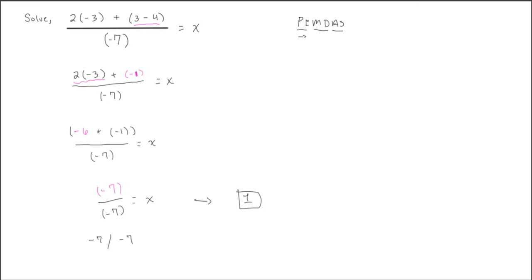Another problem you might run into, let's try another one. Let's say we did 3 times -4 plus, let's say, 5 minus 7, and then we're going to multiply all of that by -2, okay?